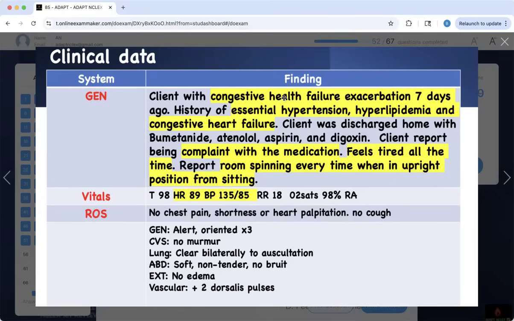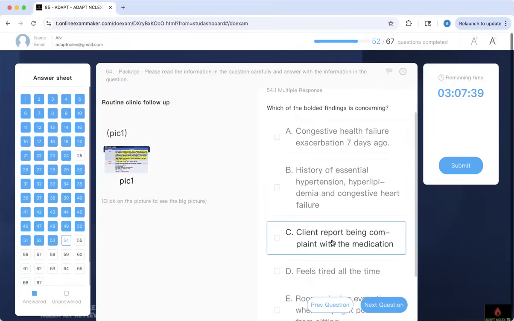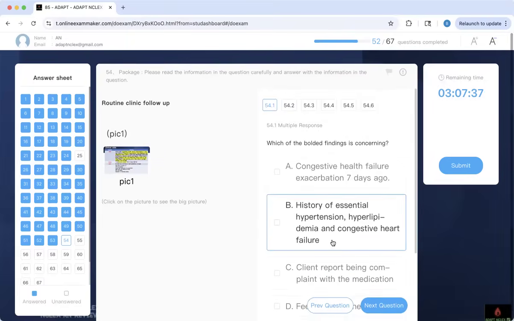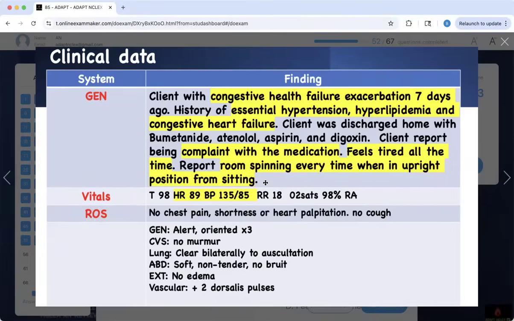He has CHF. He has had exacerbation for 7 days, and he's back in the hospital, and he feels tired all the time. What is going on with the patient? The question is, which of the findings is concerning? Which one should you worry about? Because he has CHF and exacerbation for 7 days, because he has hypertension, hyperlipidemia, and he said he's been using his medication.